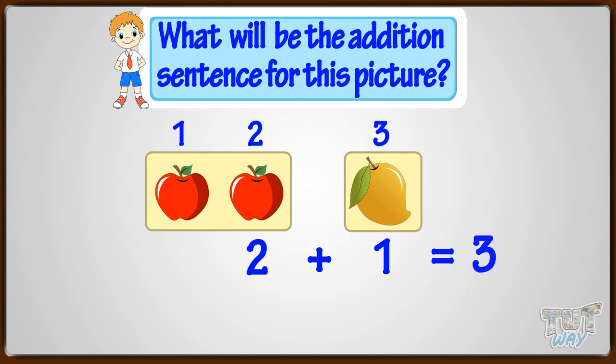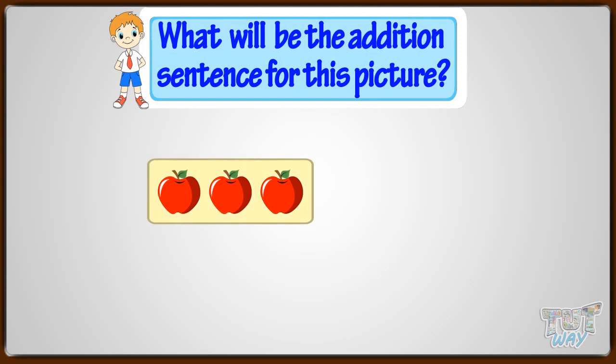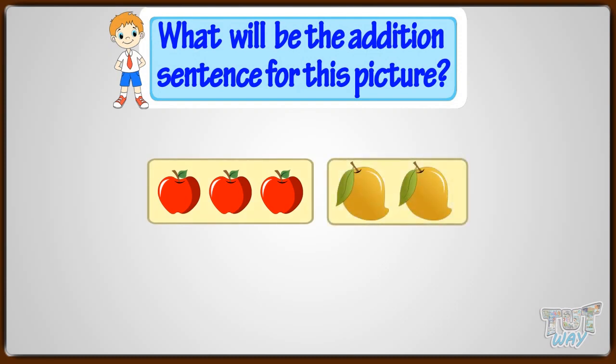Now, let's take another example. What will be the addition sentence for this picture? There are 3 apples and 2 mangoes. So write 3 plus 2. Now count the total number of fruits.